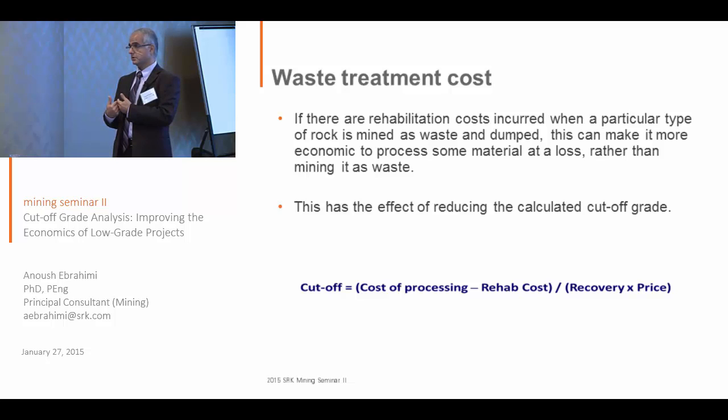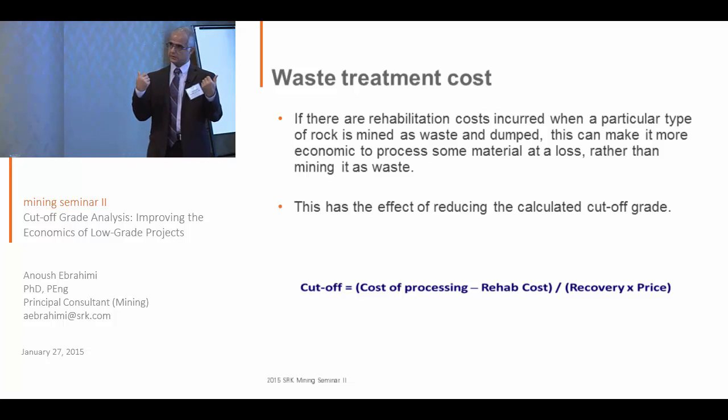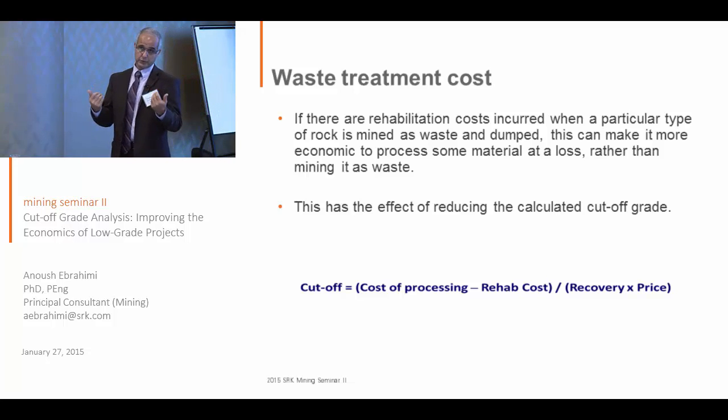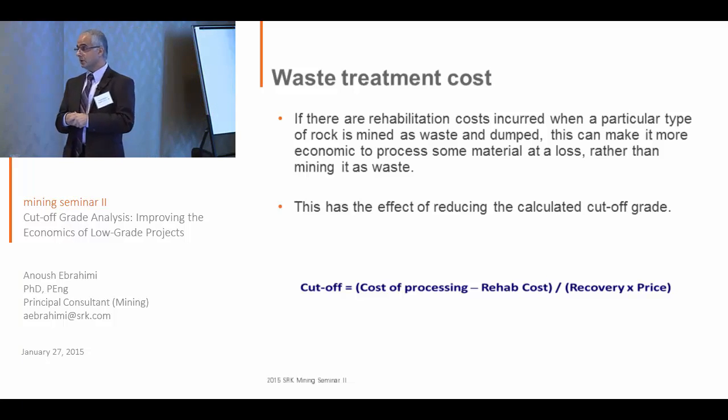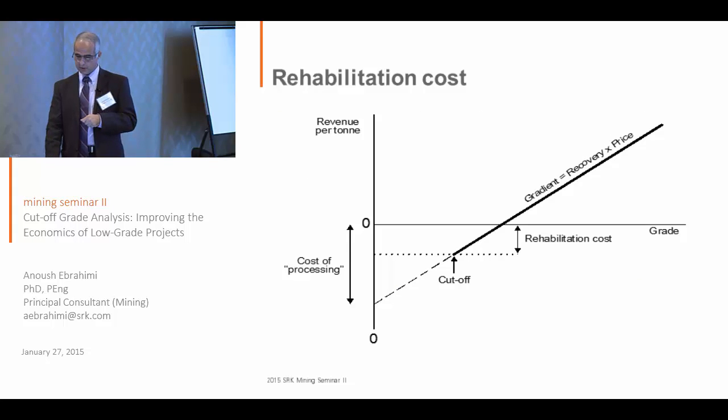If you send it to the mill, for example, you lose 5 cents, but if you send it to the waste dump, you have to spend 10 or 20 cents to treat it. So if you have enough capacity, you send it to the mill, although you know you're going to lose 5 cents, because it's better for the overall economy of the project. This is another complication of cutoff grade.